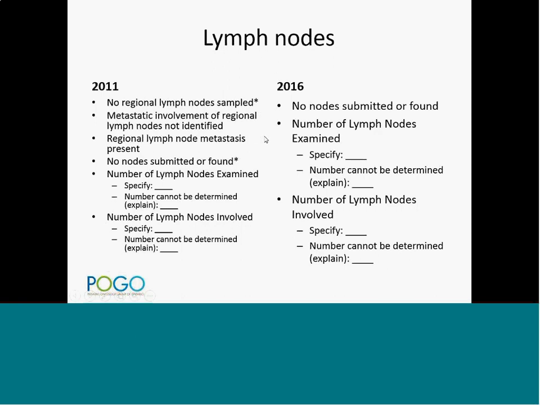It's, again, very similar, 2016 compared to 2011. Once again, they tidied it so that the no regional lymph nodes sampled category has been removed, and no node submitted or found covers a multitude of different scenarios there.